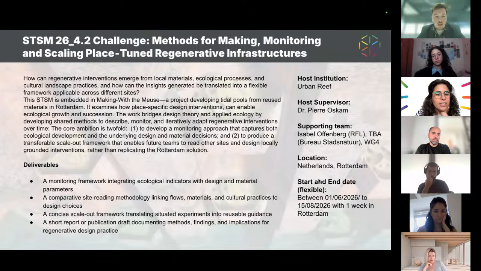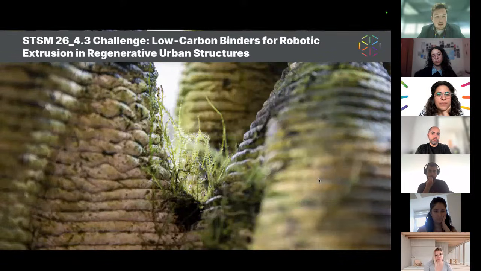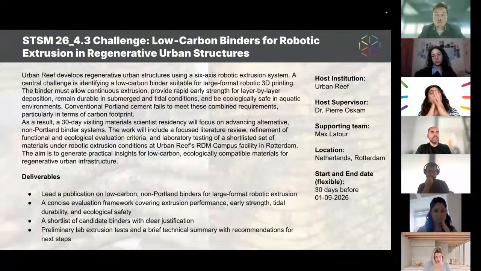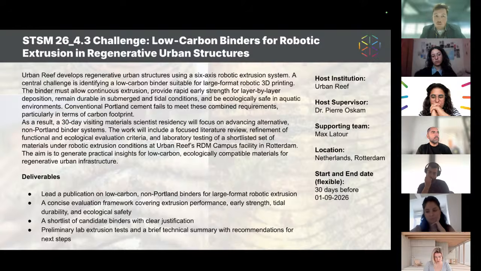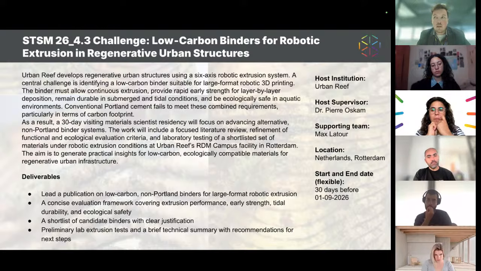Yeah. This is the other one. Urban Reef is a startup in Rotterdam that works with 3D printing regenerative structures. The idea is the shapes that you make for corals, but in cities. They are trying to change their materials. At this point, they're working on ceramic materials.